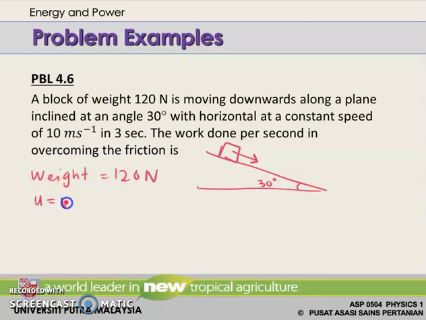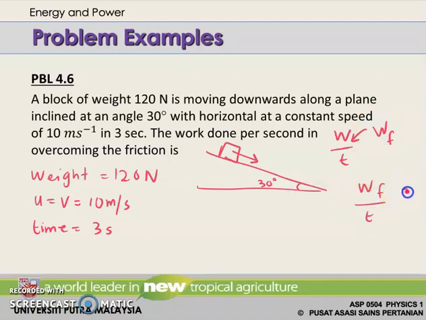So U equals V equals 10 meters per second. The time taken is 3 seconds. The question asks for the work done per second in overcoming friction. So the work that we are interested in is work done by friction, so this is work by friction over T.